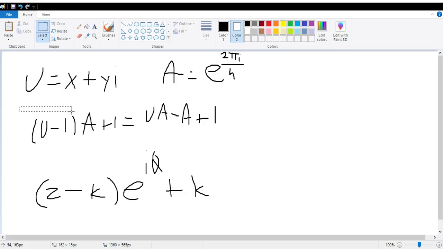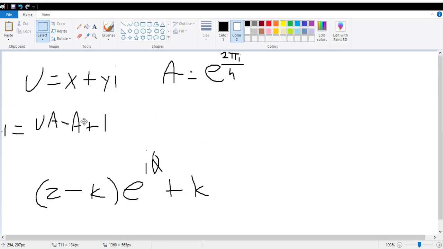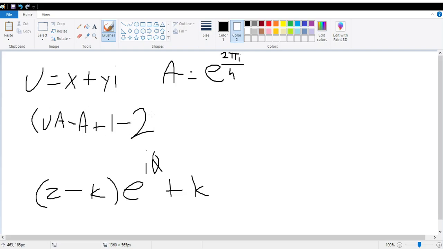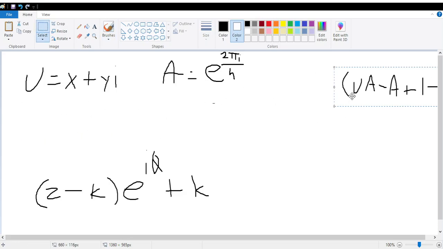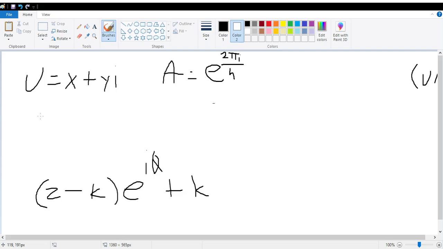So then, if we apply the transformation R sub 2, we should obtain that the point is now equivalent to this quantity, which when you simplify turns out to equal u times a squared minus a squared minus a, and then you add 2.